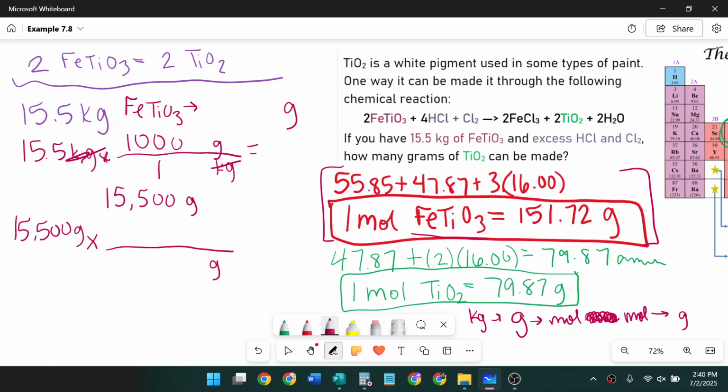So we want grams on the bottom, and we want moles on the top. And I'm not going to write my FeTiO3. That's the whole point of me using the colors. So 1 mole of that is 151.72 grams. Now, this number has 3 significant digits. The other has 5, so we're going to get 3 in our answer.